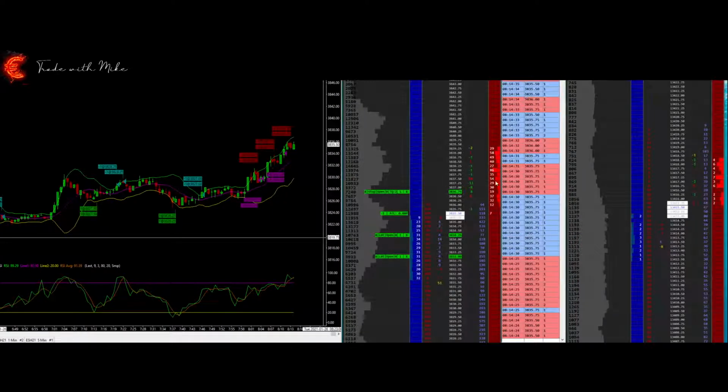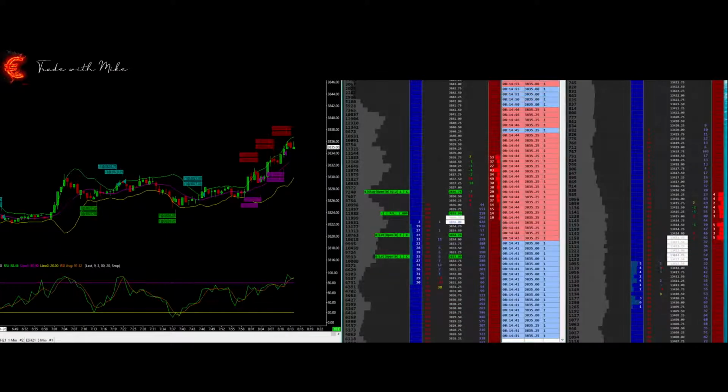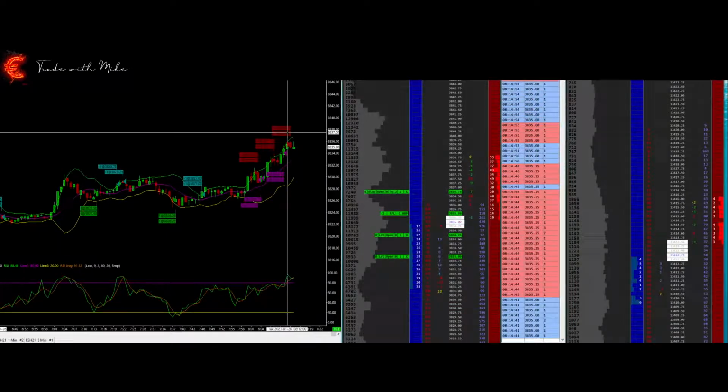So some guy is willing to go long back here, 2 ticks. It's not a revenge trade for the previous trade, I'm just going based on the strategy.